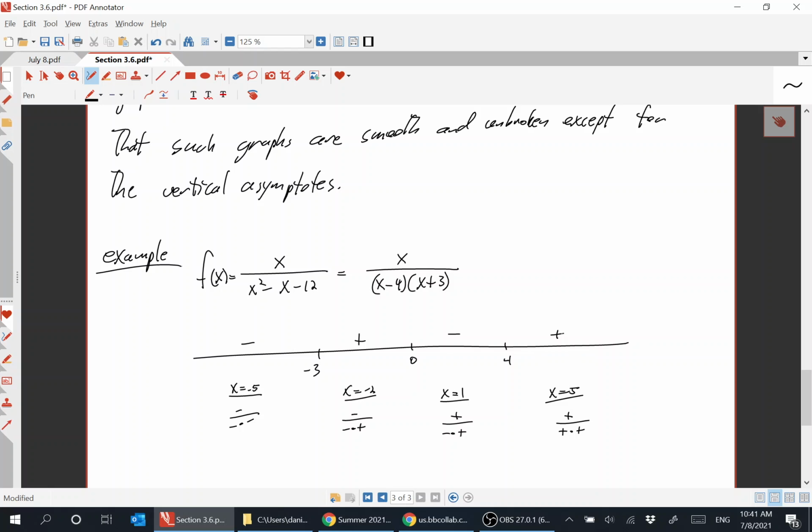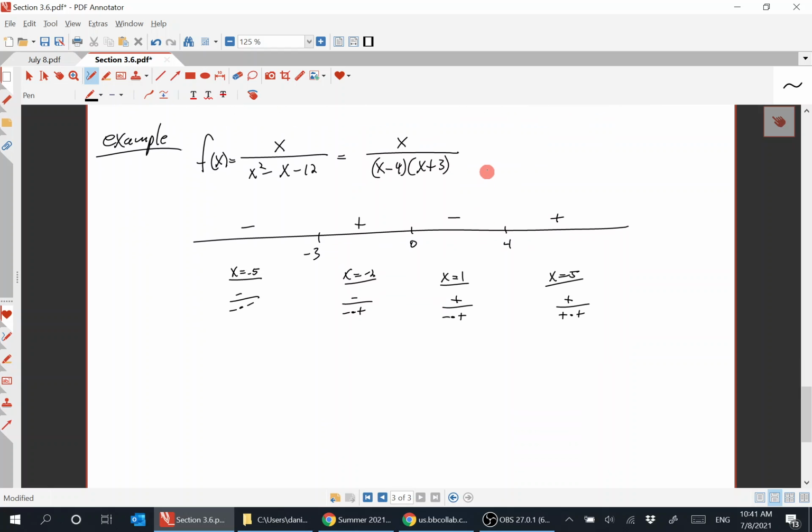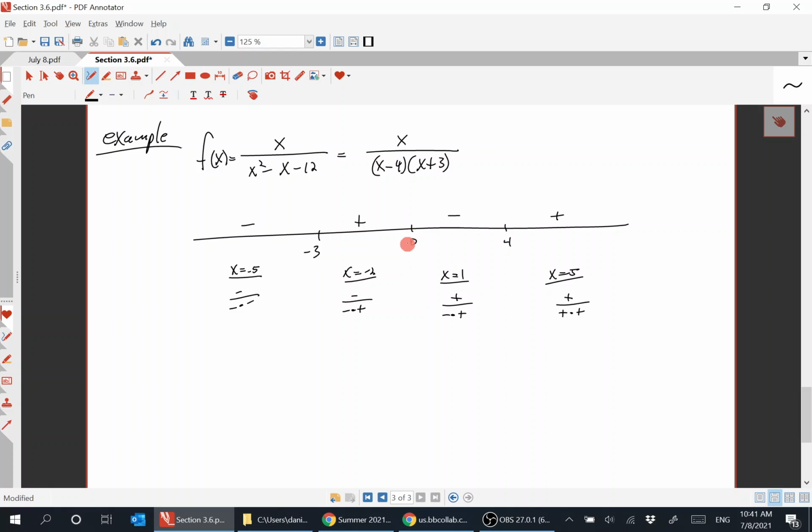So the rational function is 0 at 0. And f of x has vertical asymptotes at x equal to 4 and minus 3, because at 4 and minus 3, the bottom of the fraction is 0, but the top is not.